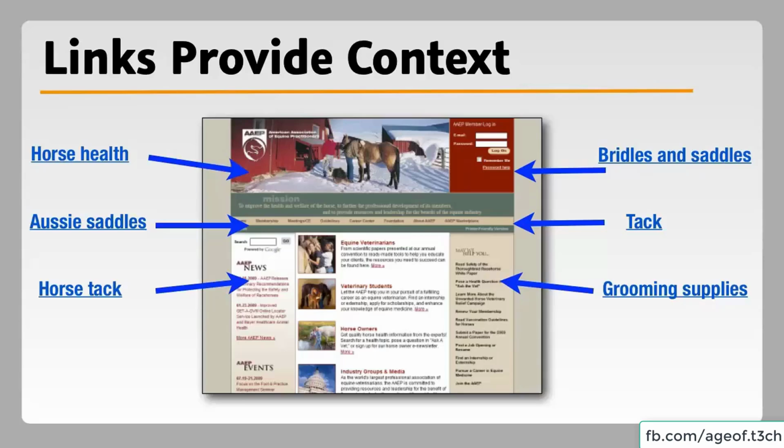This website is about bridles and saddles. This website has Aussie saddles. And what you can determine from this, when you look at all the anchor text coming into a specific website, you can figure out what the website is about just from the anchor text. And so that's what the search engines rely upon to look at the context of what other people say this website is about.